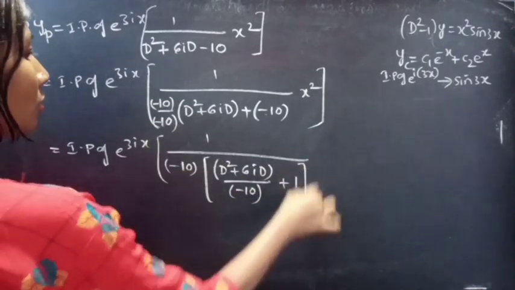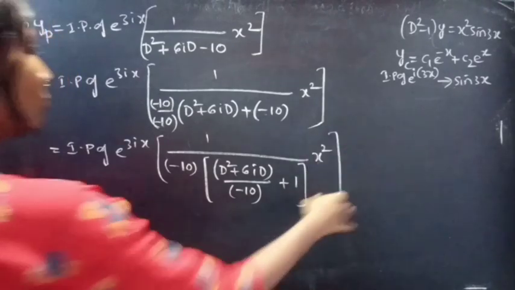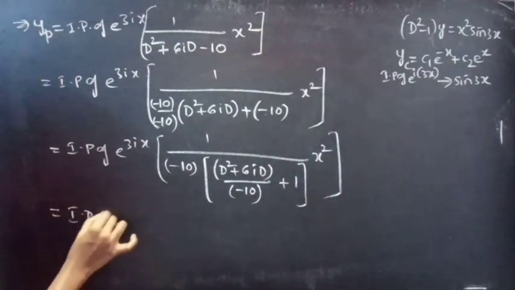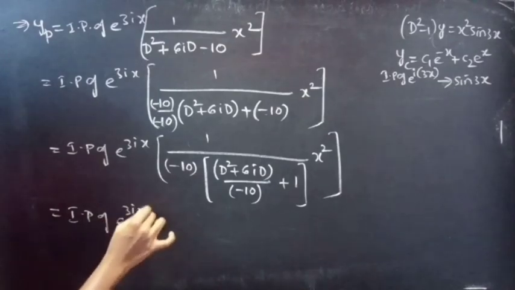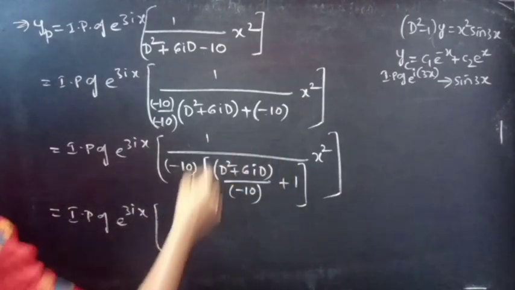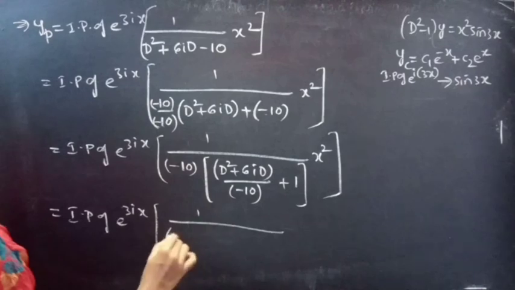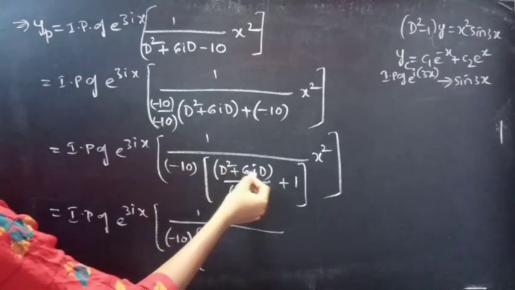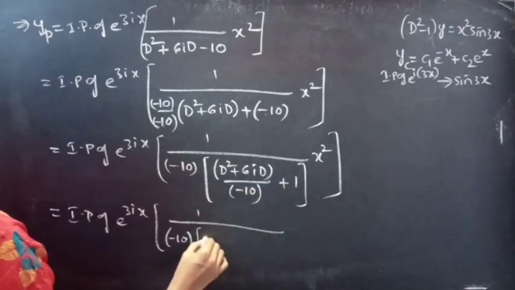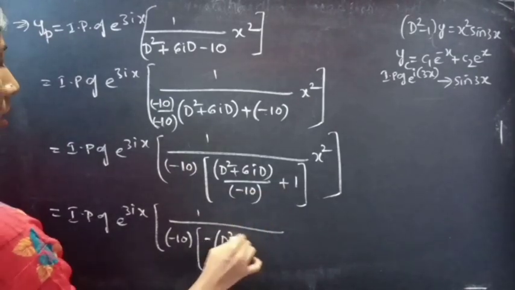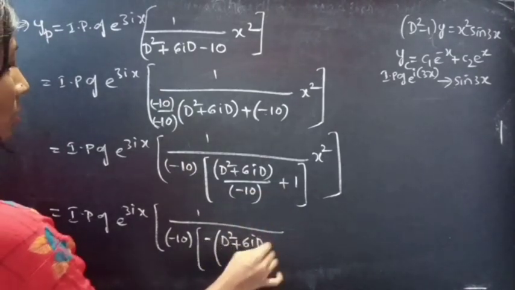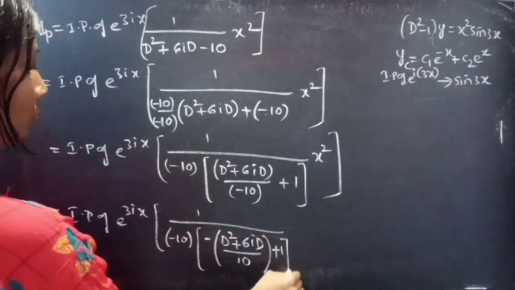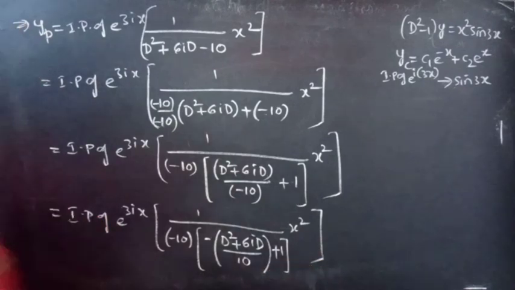plus 1 into x², equals the imaginary part of e^(3ix) into, we can write this as 1 by minus 10 into, we can write (D² + 6iD) by minus 10 as minus of (D² + 6iD) by 10, plus 1 into x².